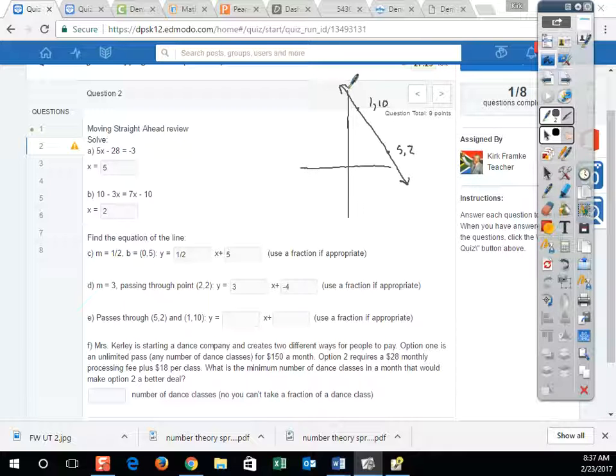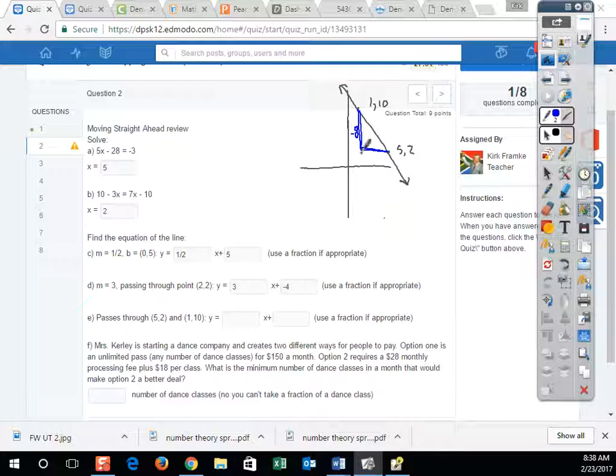So let's go ahead and find our slope here, and we'll use our grid. What is the vertical change to go from 10 to 2? I went down 8. I subtracted 8.